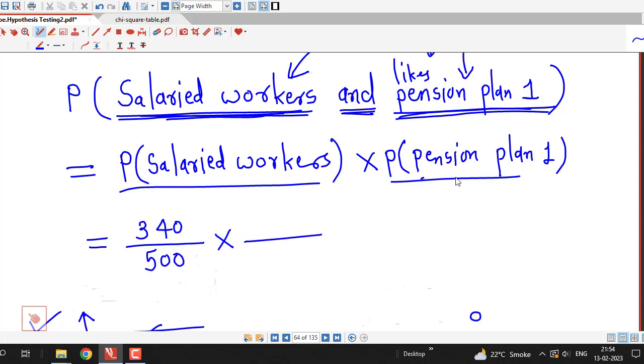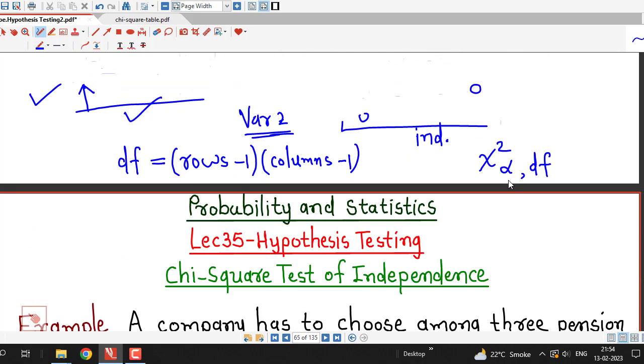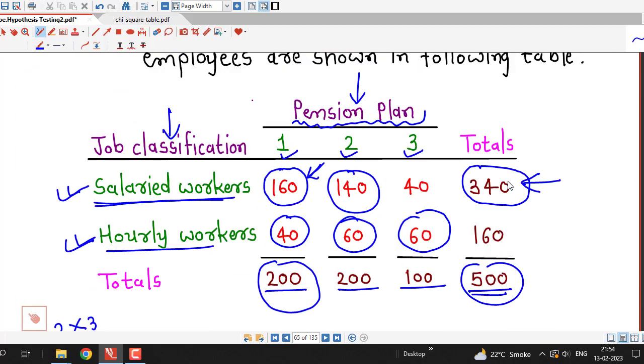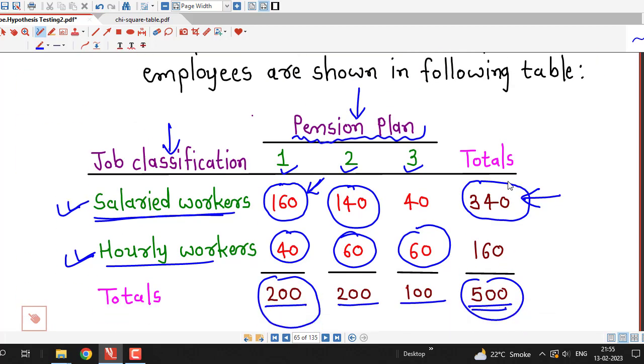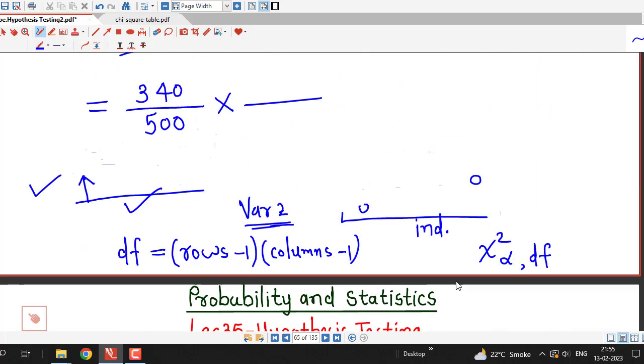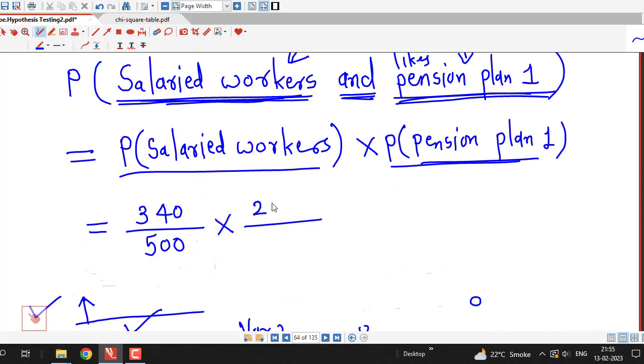Similarly, we are interested in the probability for pension plan 1. How many workers are interested in pension plan 1? So there are 200 workers who are interested in pension plan number 1 out of 500 workers. So that is given by 200 divided by 500.